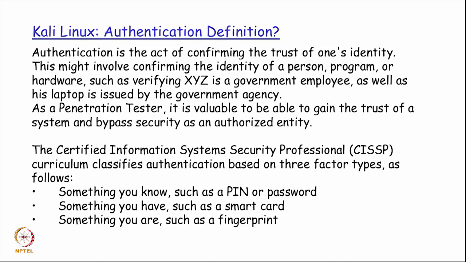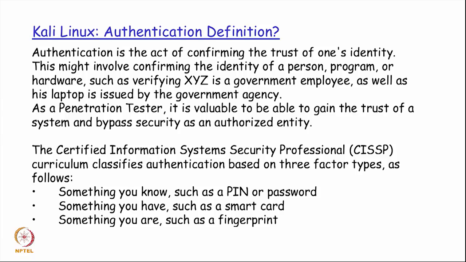Now, whether it is one way or two way authentication, this helps us understand that authentication is nothing but an act of confirming the trust of an identity, right. That is, the identity of the other party that is trying to establish a communication connection. This can confirm the identity of a person or a program or a piece of hardware, and so on and so forth.